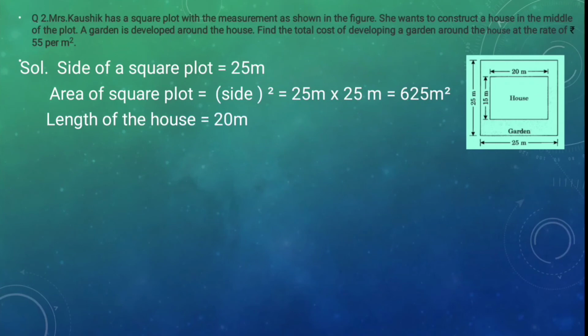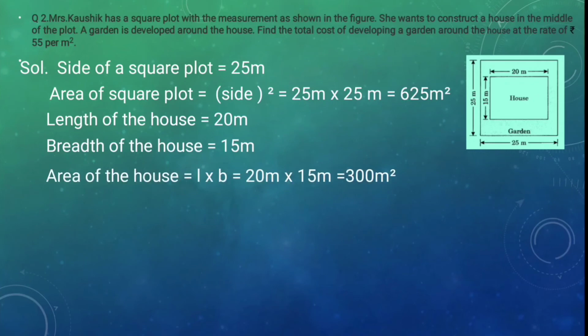We know that the length of the house is 20 meter and its breadth is 15 meter, right? So the area of the house will be length into breadth, 20 into 15 meter, is equal to 300 meter square.